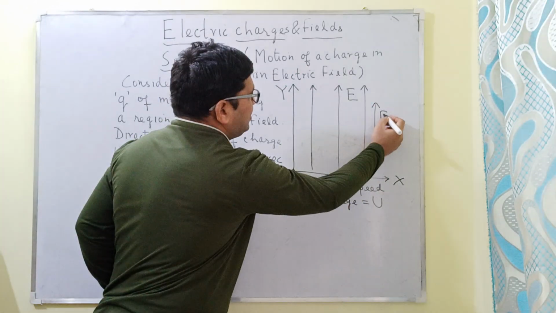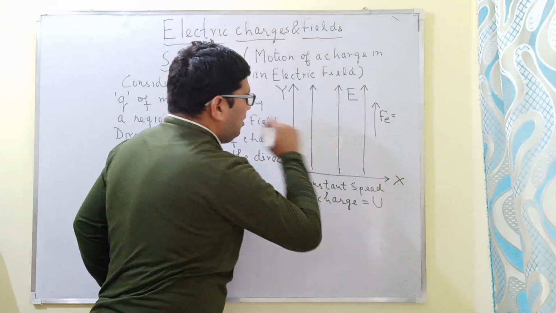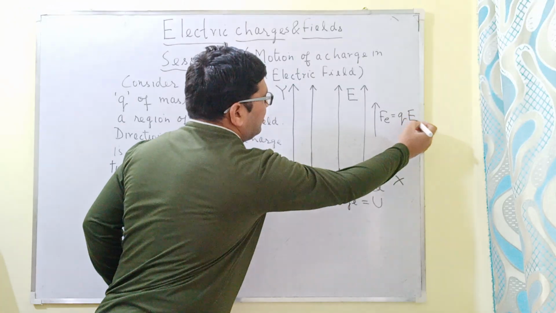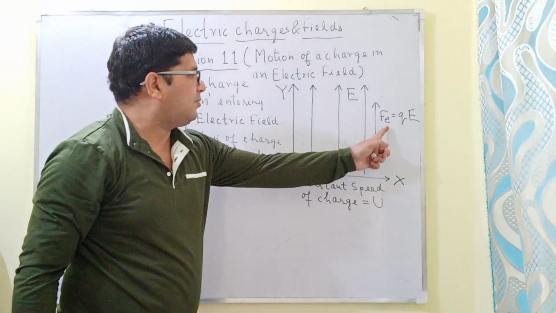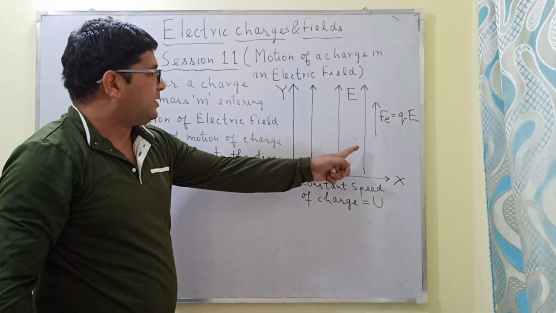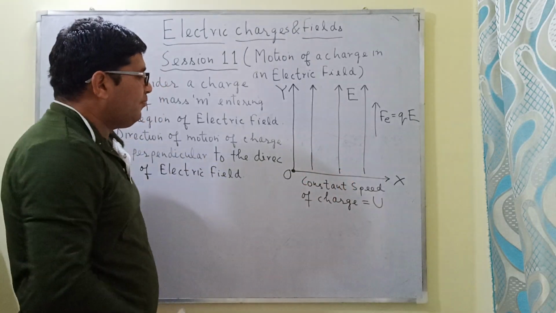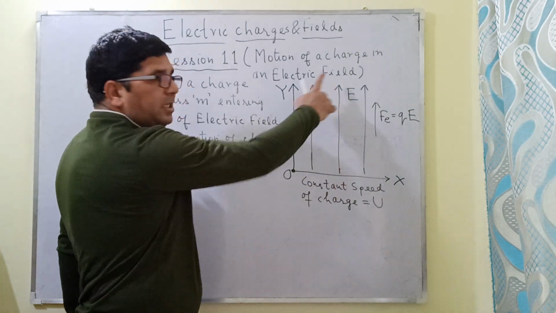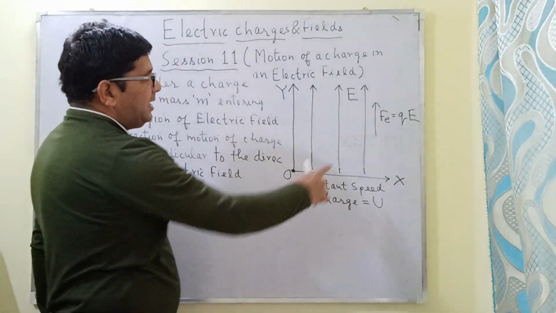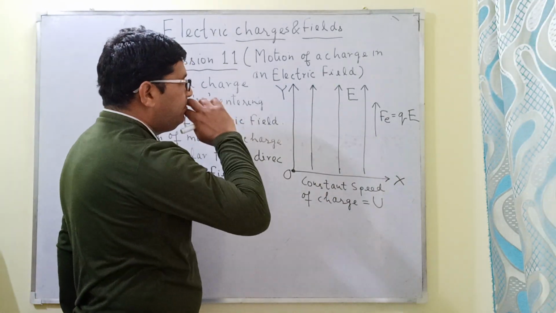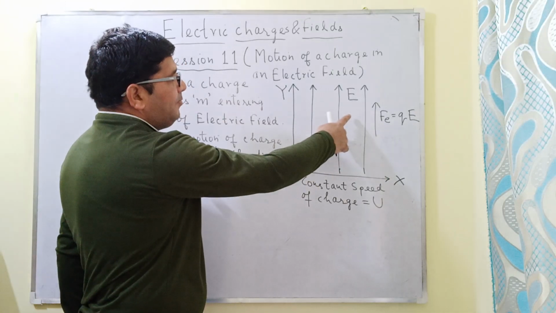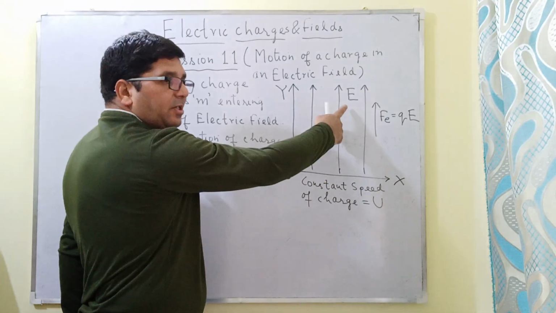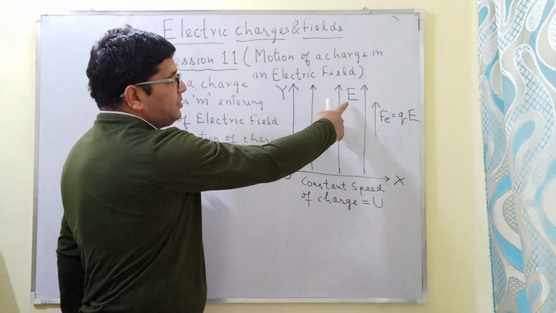Now let us say this electrostatic force is Fe, then Fe will be equal to Q into E. This is the magnitude of the electrostatic force, and this charge will be experiencing this force in the upward direction, the same as the direction of this electric field.